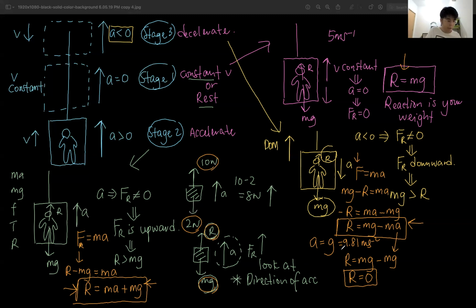Yeah, right. So that is a short one on the elevator lift problems. Now here, I have written some of the equations, the ones that I boxed. I don't want you to memorize the equations.